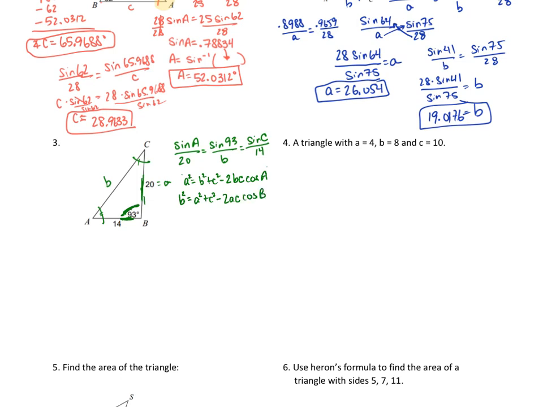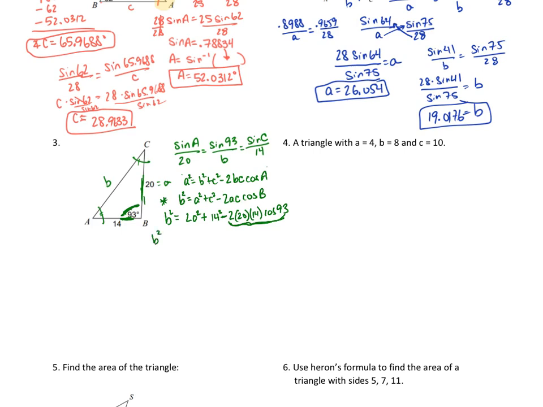Let's take a look at this. I know side a, I know side c. I could put all my values in here, so this is the one I want to use. So b squared will be a squared, which is 20 squared, plus c squared, which is 14 squared, minus 2 times 20 times 14 times the cosine, and angle B is 93. Remember, all of these are attached. Order of operations: this is all multiplication in here.